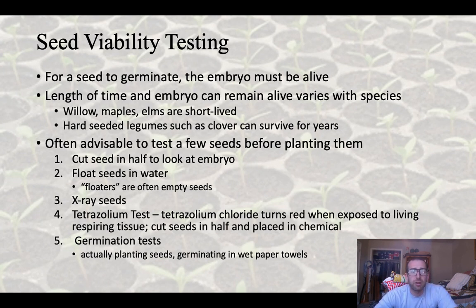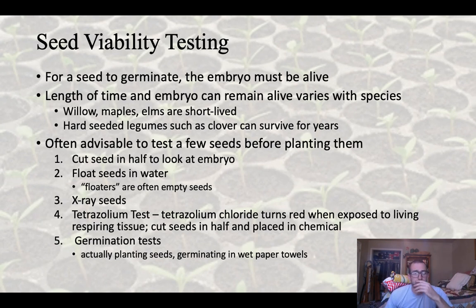Now, if you're going to be planting a whole ton of seed, you may want to test a couple of seeds before planting them to ensure that the majority are viable. And there are a couple of ways you can do this. You can cut the seed in half to look at the embryo and make sure you can see a visible, healthy-looking embryo. You can float some seeds in water, and often the floaters are empty seeds, right?